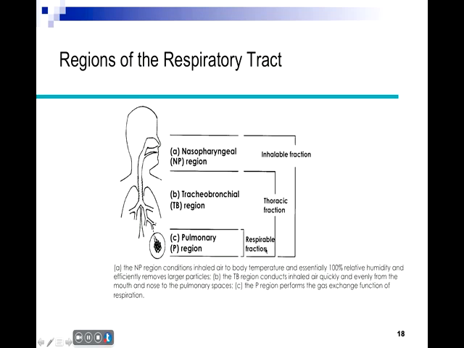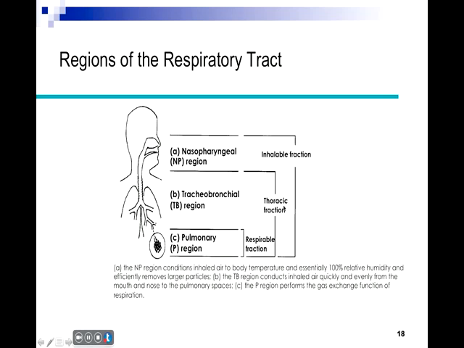What these refer to, we'll talk about a little bit later when we talk about particle size, is that the smallest particles can make it to the pulmonary region, and those particles can do the most harm. If we want to sample for the fraction of a particulate cloud that we know is respirable, i.e. can make it to the pulmonary region, we'll have a cutoff point for our air sampling, and that cutoff will be directed at just collecting the particles that can make it to the pulmonary region of the lungs.